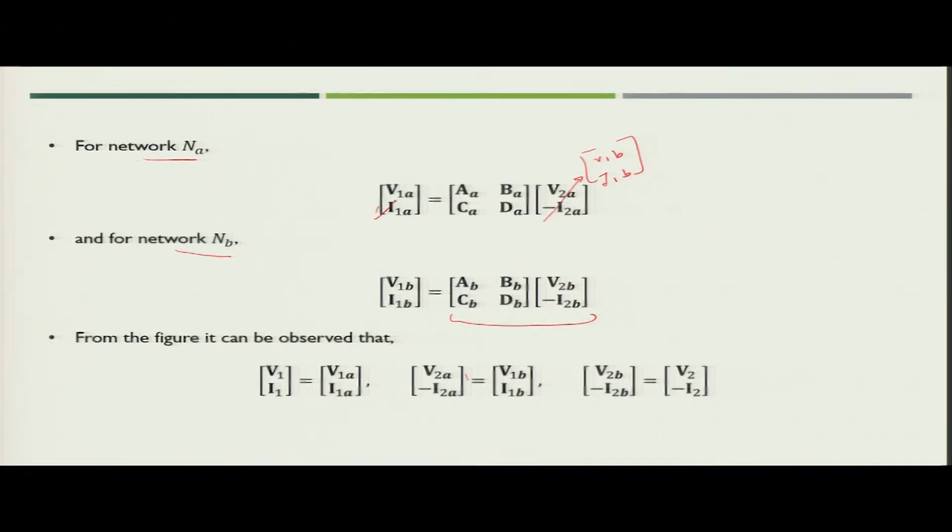So, what we can write? This can be replaced with the V1 I1 vector, and then the ABCD parameter matrix for network A multiplied by V1b I1b.